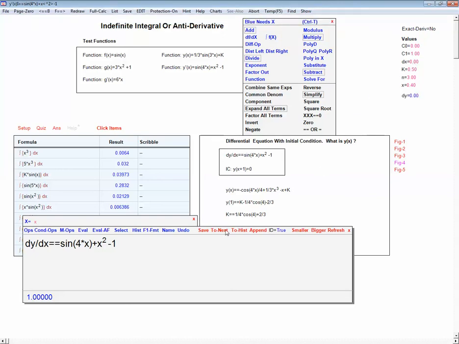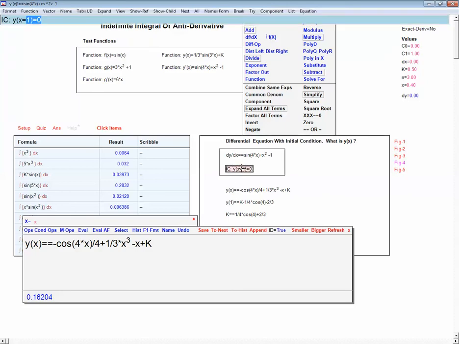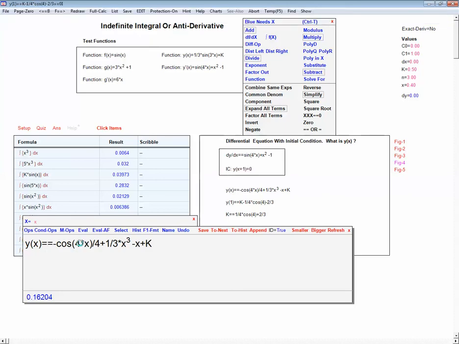And dx is some small number. That way I can check my original formula against dy over dx. So that looks good, and we know that the evaluation is going to come out right, because that's how we found the k. But this program, if you just drag and drop, it will do everything you need to do.